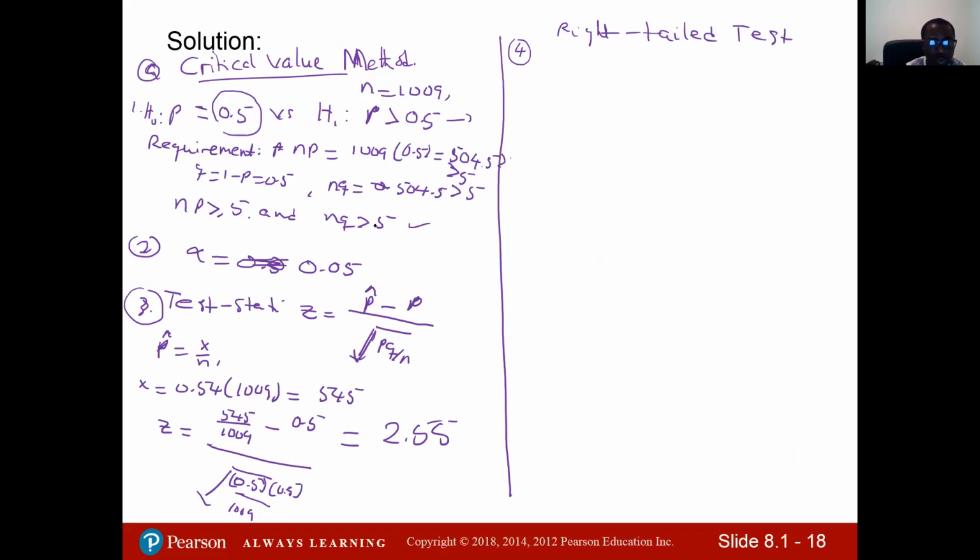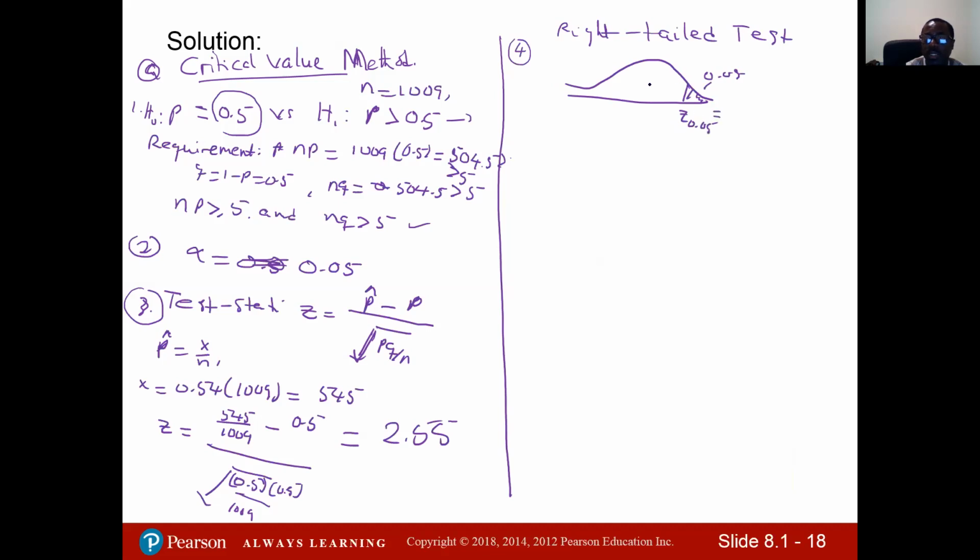To find your critical value, you don't have just one value. Your alpha, remember, if you're using the table, is a right tail. So we want to find the Z value where alpha is 0.05, Z subscript 0.05.